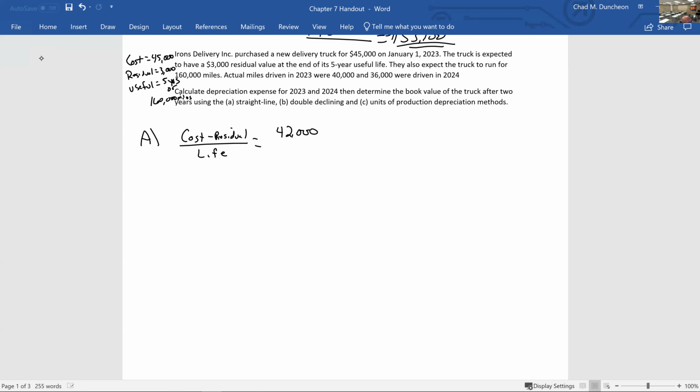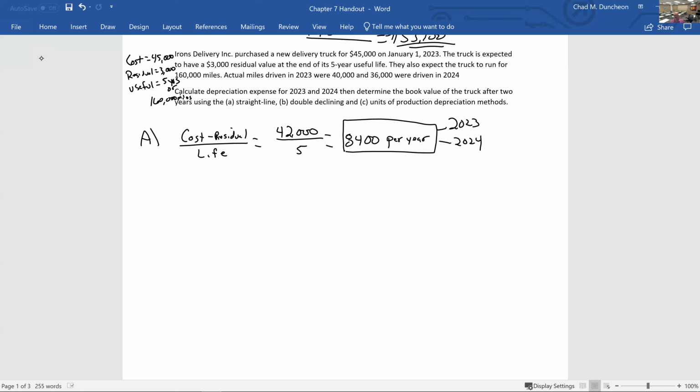So we have 42,000, which is the $45,000 cost minus the $3,000 residual, divided by 5. So our depreciation expense under the straight line method is $8,400 per year. So that is for both 2023 and 2024.